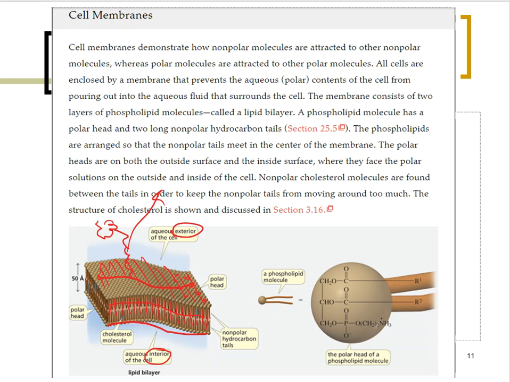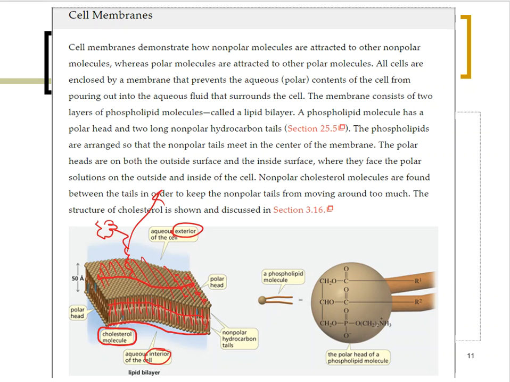It's a border between the exterior and the interior of the cell. On the inside, these are all nonpolars. So we can see nonpolar structures on the inside of that lipid bilayer. And this is what we call cholesterol. Cholesterol is going to be something very common that we see squeezed into that nonpolar area of that bilayer.